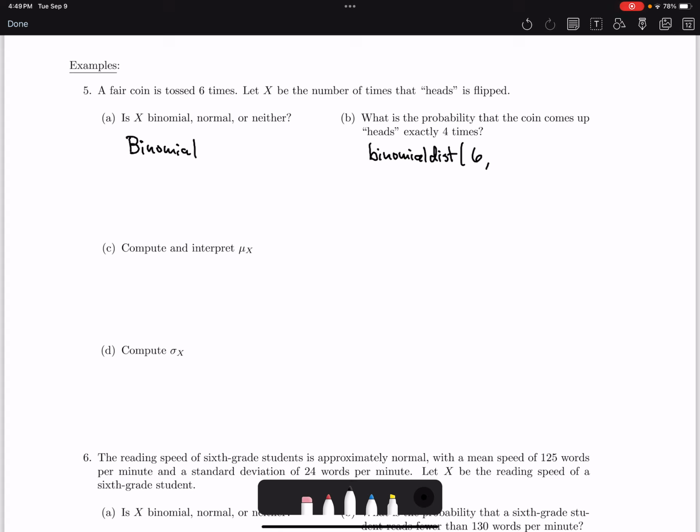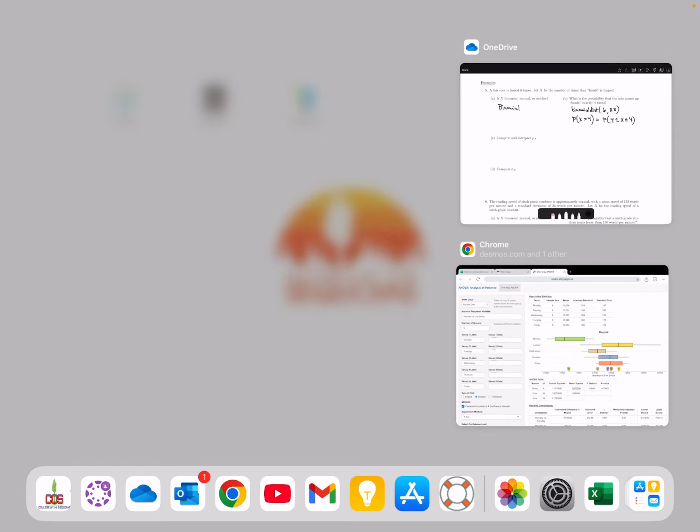If it's a fair coin, the probability of flipping heads is 50%. Okay, and then we want the probability that we flip heads exactly 4 times. Now, in Desmos, there isn't an equals region. So in order to do this, what we actually have to do is put it in this way. Okay, so let's head over to Desmos and see what that looks like.